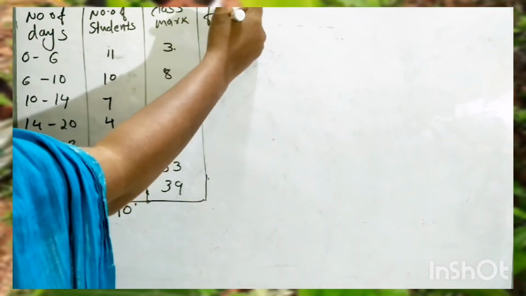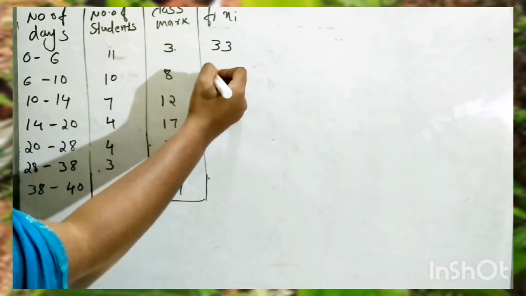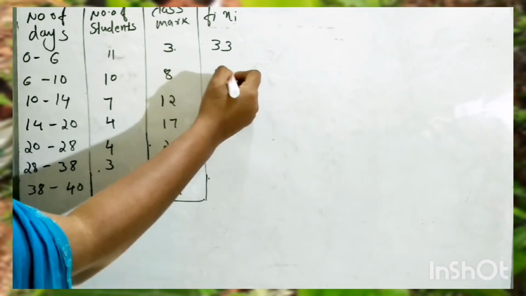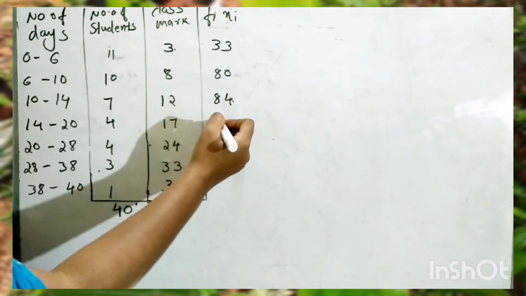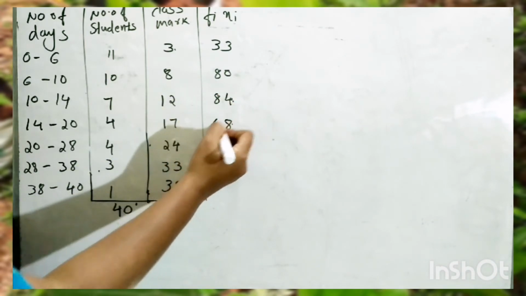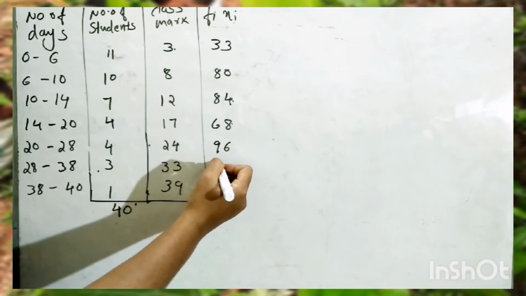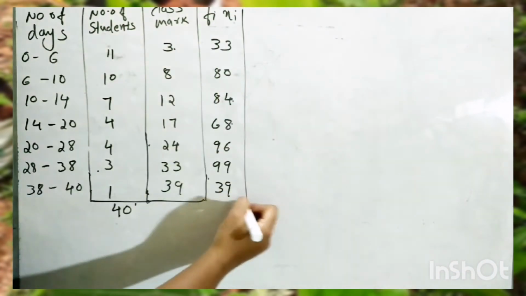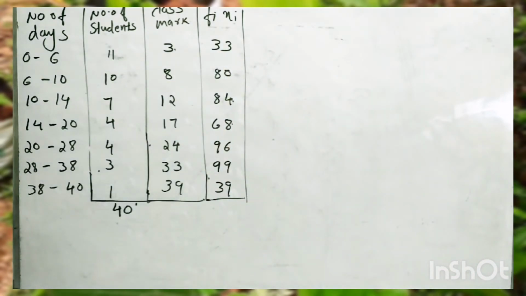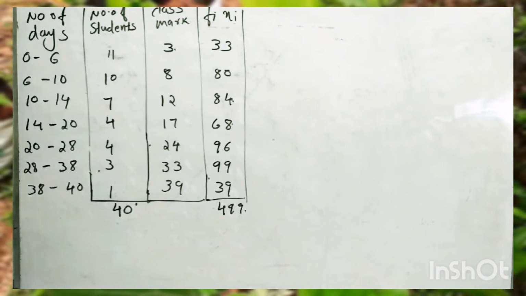So fi xi: 11 into 3, 33. 10 into 8, 80. 7 into 12, 84. 4 into 17, 68. 4 into 24, 96. 3 into 33, 99. And 1 into 39, that is 39. The summation of the fi xi column is 499.